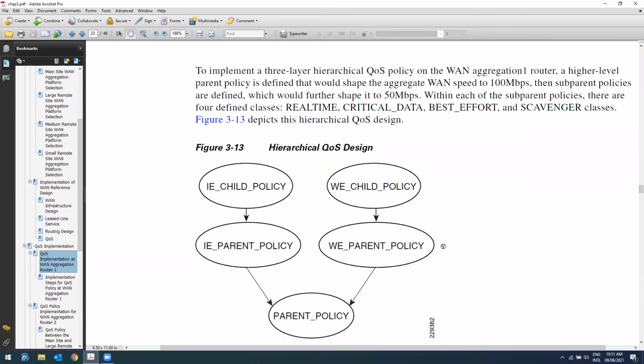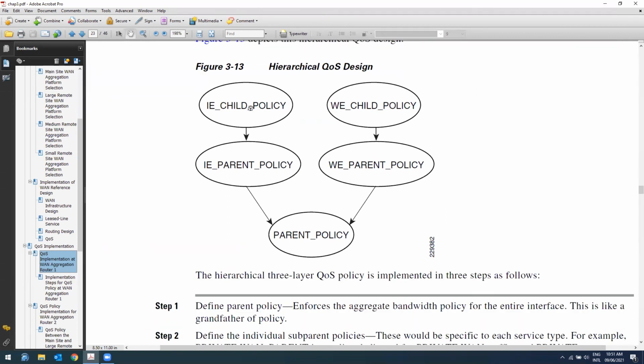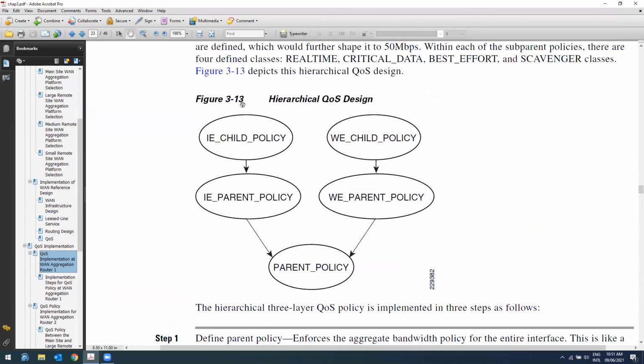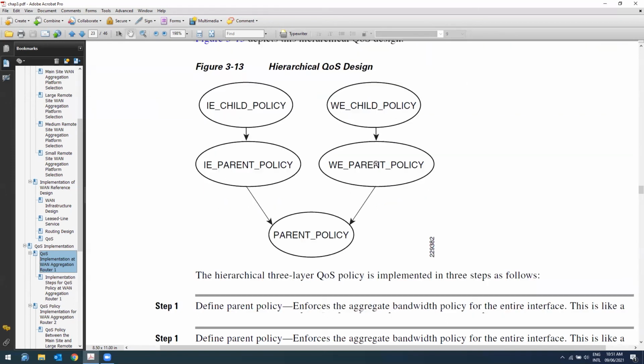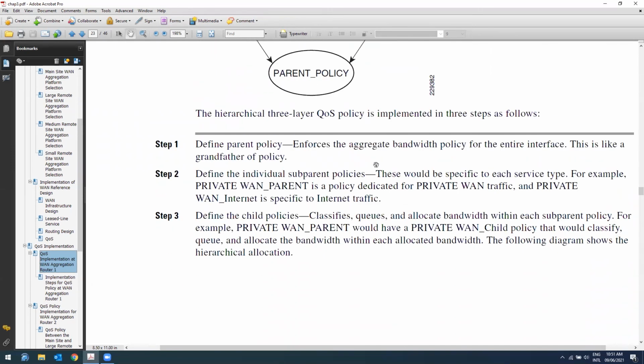Within each of the sub-parent policies, there are four defined classes: real-time, critical data, best effort, and another class there. So you have the private child policy, the private parent, then the parent policy, and the internet child policy, and so forth. So this becomes your hierarchical three-layer QoS policy. Okay, so step one, define the parent policy.